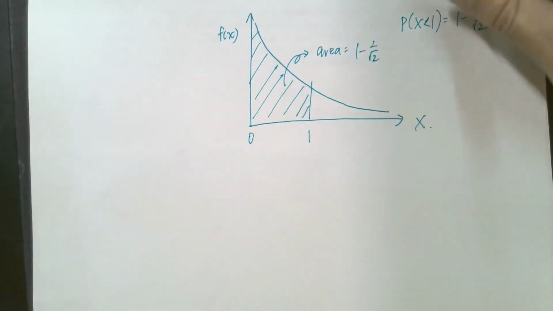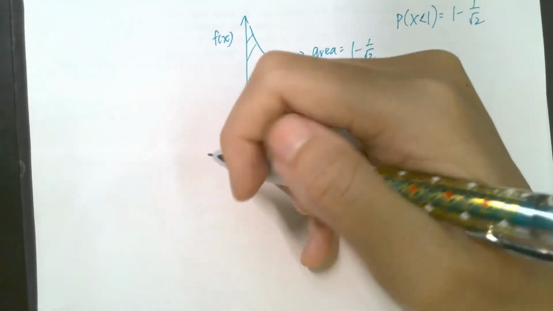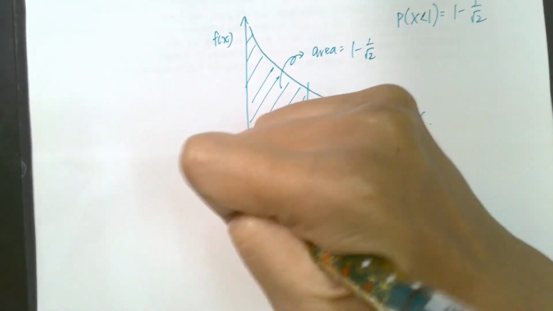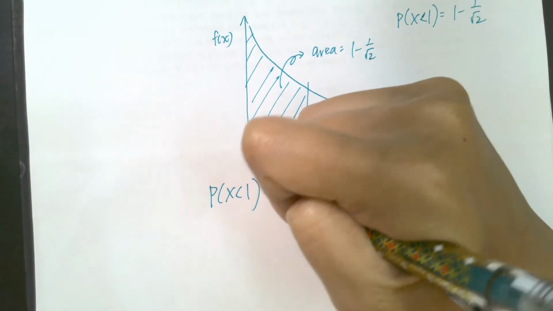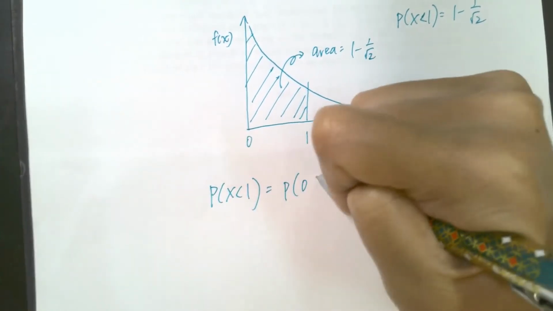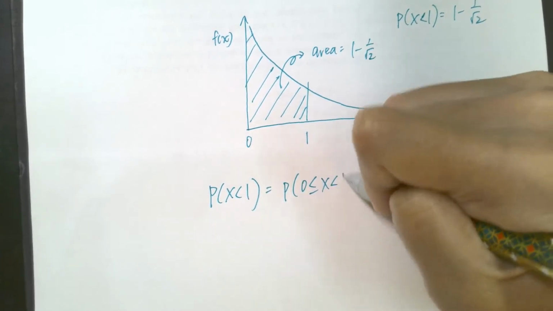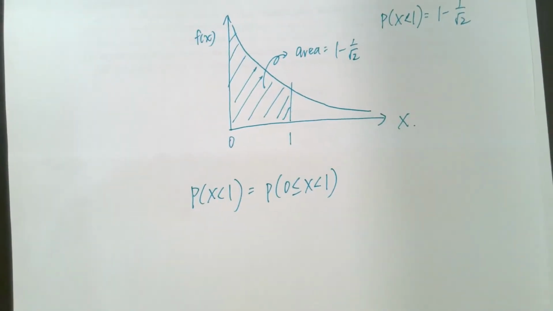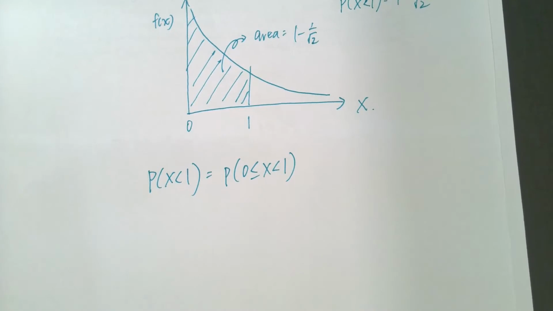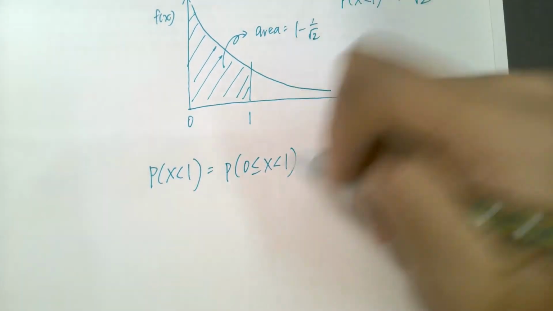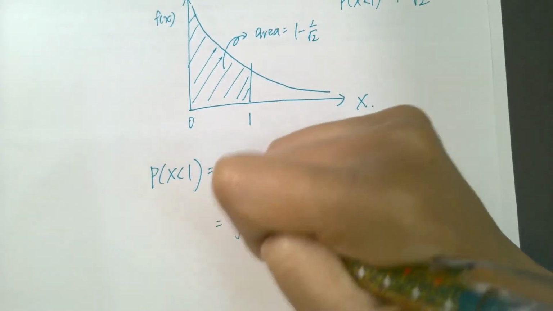Now what we have to show is that the probability of x less than 1 really is just the probability of x between 0 and 1, because if x is less than 0, the probability is 0.